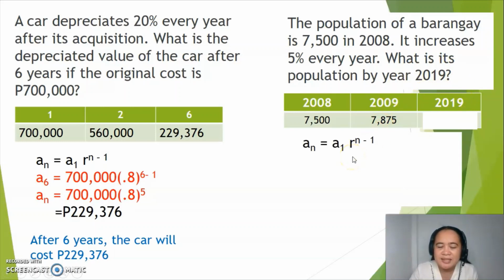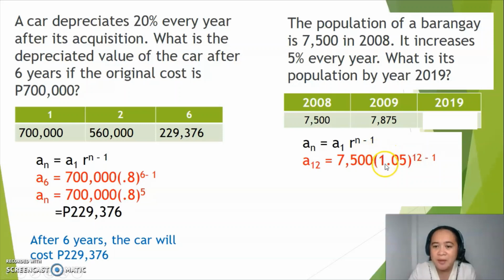So in this case, we will use this formula, and we will have A of 12. The first term is 7,500. And take note, how come the ratio here is 1.05? So take note, the ratio here increases by 5%. So that would be 100% plus 5.